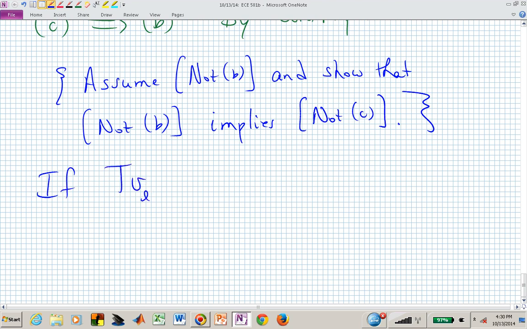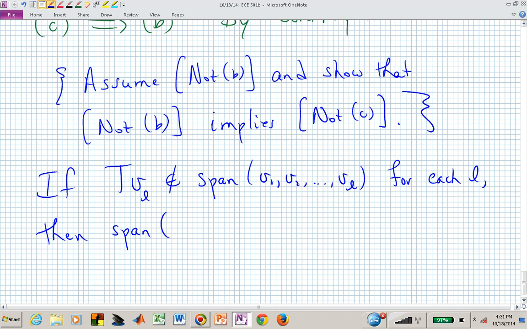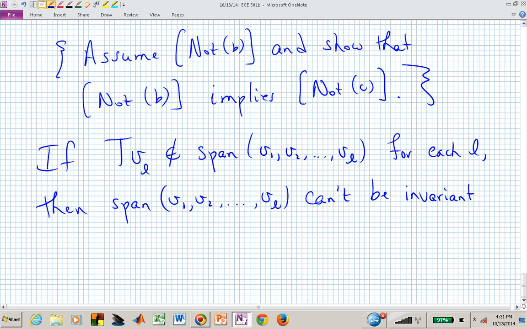If T V sub L is not in the span of these first L basis vectors, V1 through V sub L, for each L, then the span of V1, V2, up to V sub L can't be invariant, since T V sub L is going outside of those vectors, mapping beyond those, and so that spanning subspace is not invariant to this linear map T.